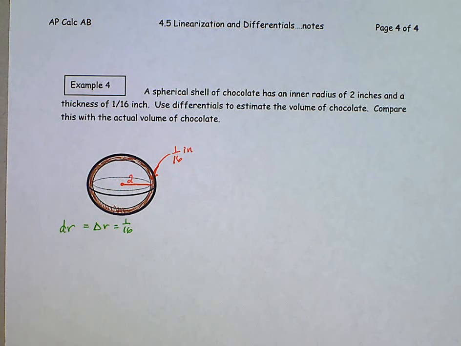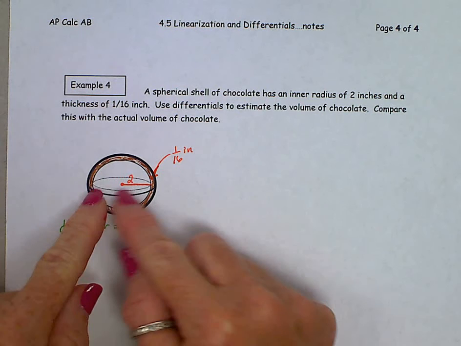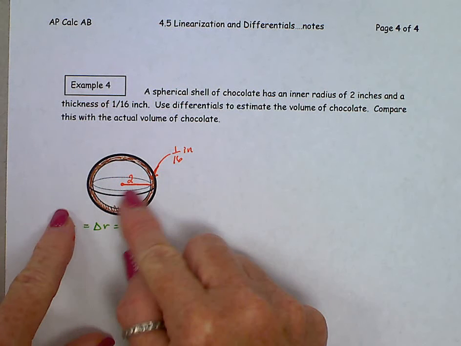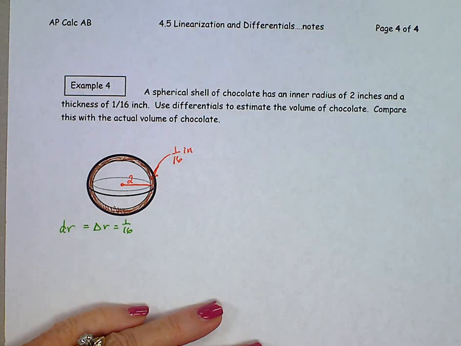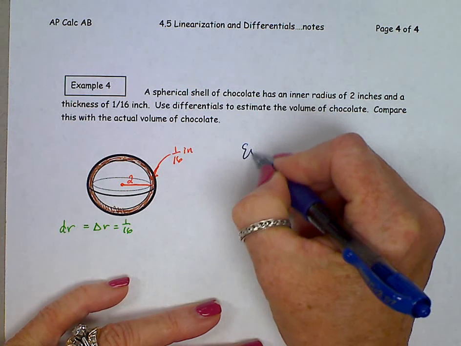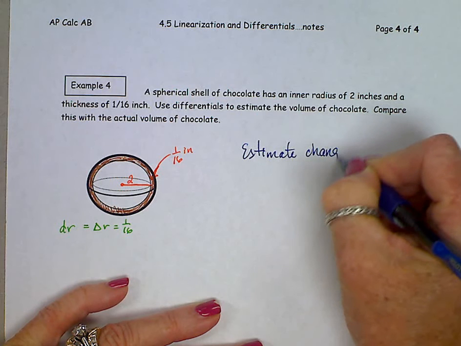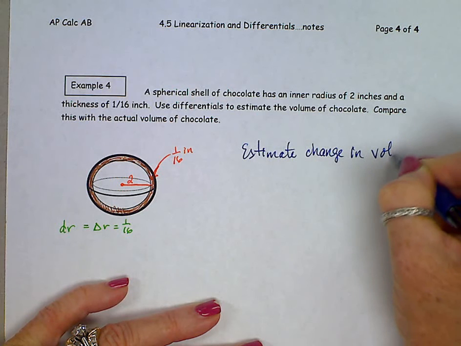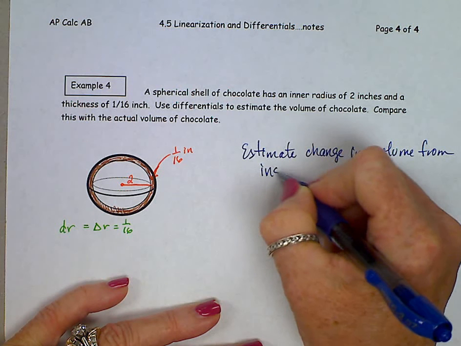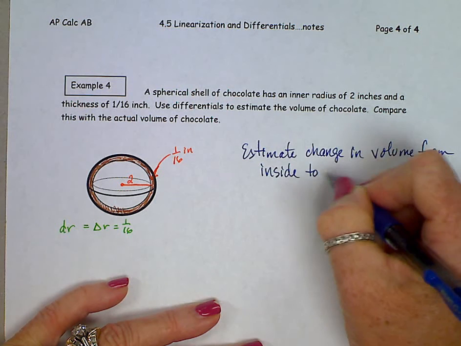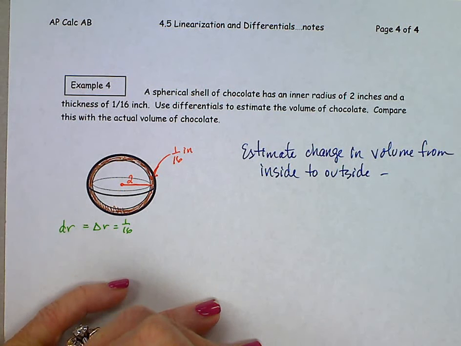We want to estimate the volume of chocolate, so we want to estimate the change in volume from the inside to the outside. And that will be the amount of chocolate.